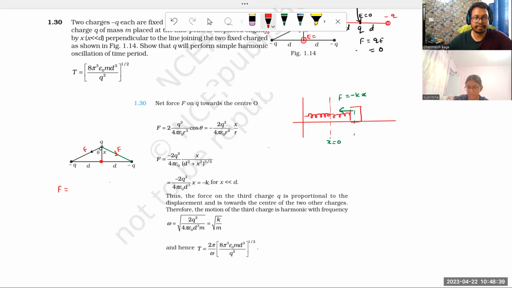What is this distance? Let us say that this distance be R. What is R? First you tell me these things and then you'll understand what I'm talking about. This is R. What is R?